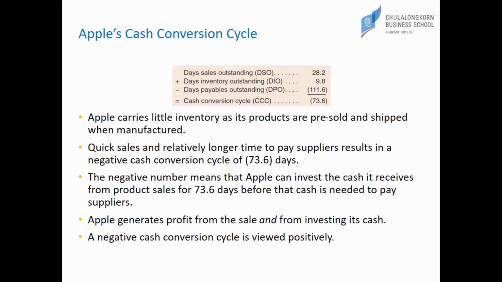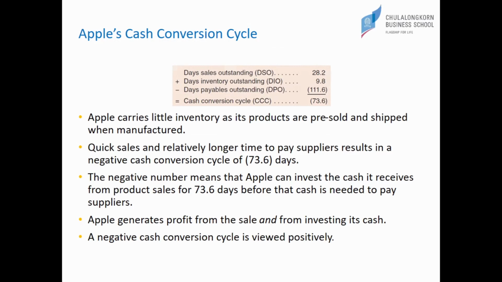So what it means is that this negative number means that Apple can invest the cash that it receives from its product sales for 73.6 days before they actually need this cash to pay back their suppliers. So you can consider this as a very short-term loan that does not require any interest payment.